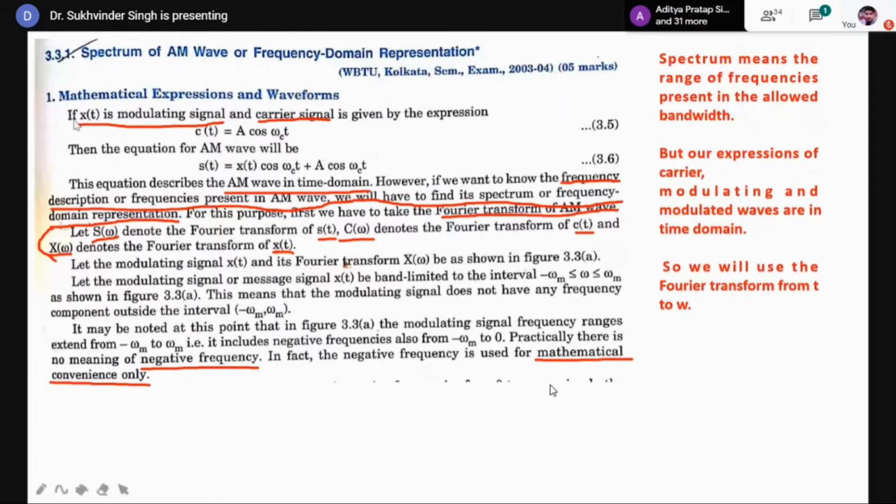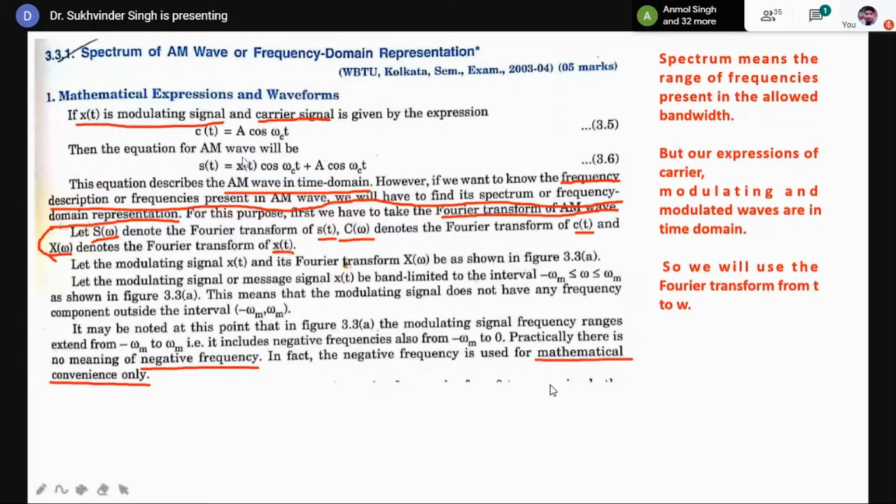So let us again start with the original modulating signal and the carrier wave. Carrier is A cos omega ct. The modulating signal is xt. The superimposed, that is modulated signal, is given by st, which is equal to (A plus xt) into cos omega ct.